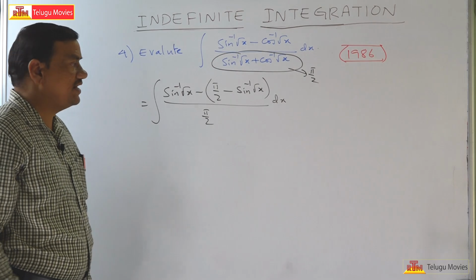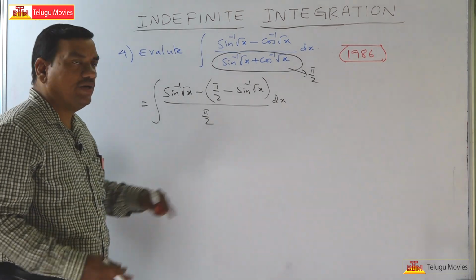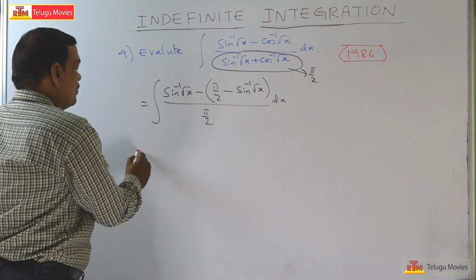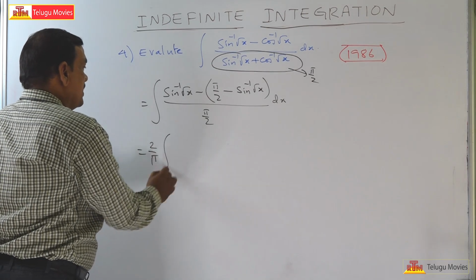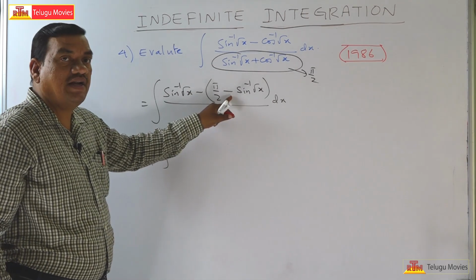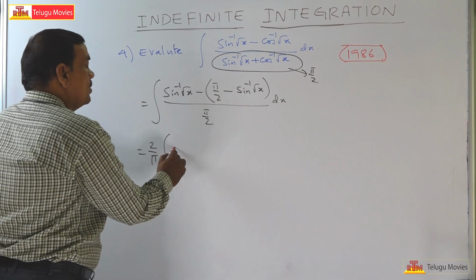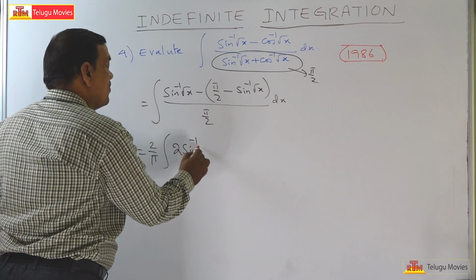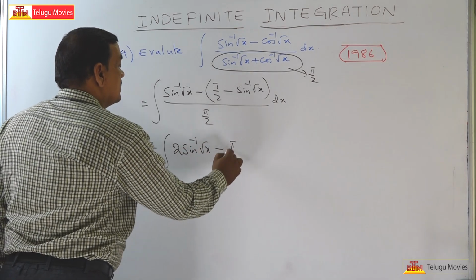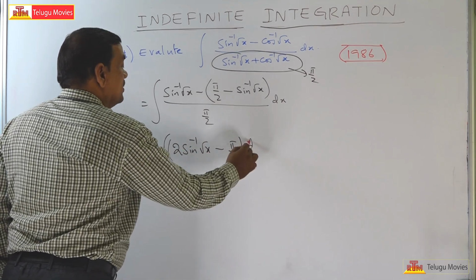Okay now, very nice problem. Again this pi by 2 will come outside. So this is equal to 2 by pi integral of minus into minus plus sin inverse of root x, plus sin inverse of root x, 2 sin inverse of root x minus pi by 2 dx.